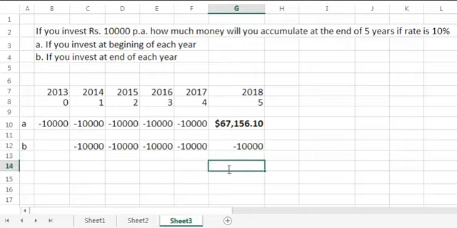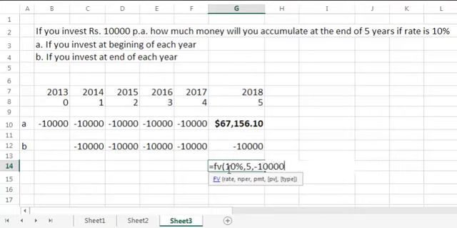That is also the year when we will calculate our future value. So future value, rate once again being 10%, NPER being 5 years, PMT minus 10,000, and there is no PV still, and type is going to be 0.